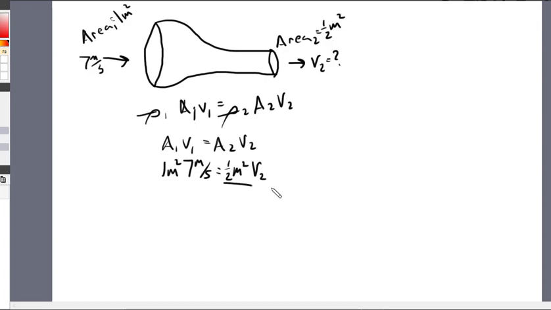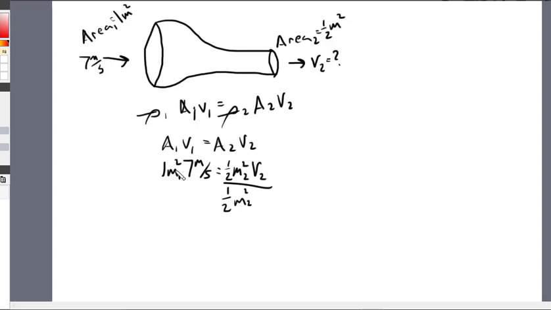Well, we'll divide both sides by 1/2 meter squared. Whoops, I keep writing that as squared. It is not squared, it is meter squared. Sorry about that. I am just up too late tonight. Okay, great.